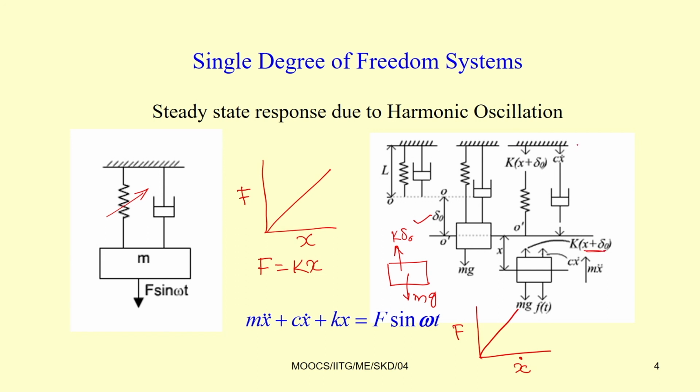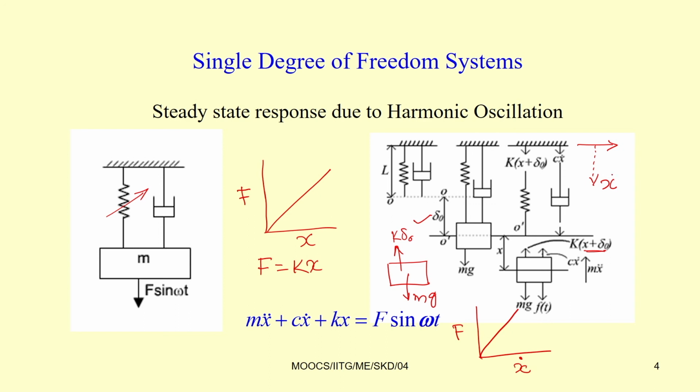If we write the equation of motion with respect to a fixed coordinate system, we take the x direction along this, and perpendicular to that the y direction. But this is a single degree of freedom system, so we use only one coordinate to express the motion of the system.